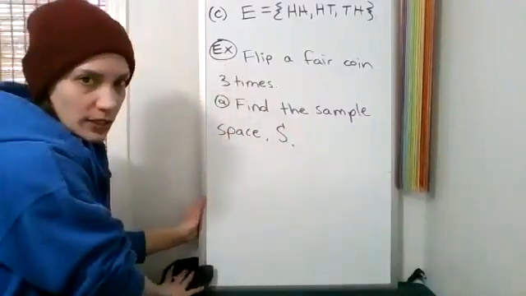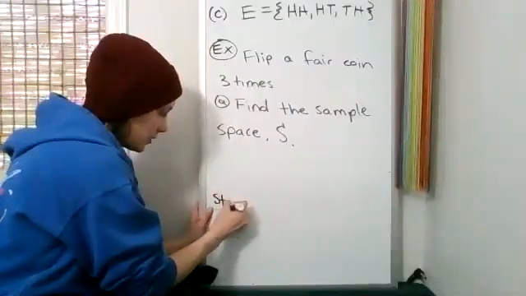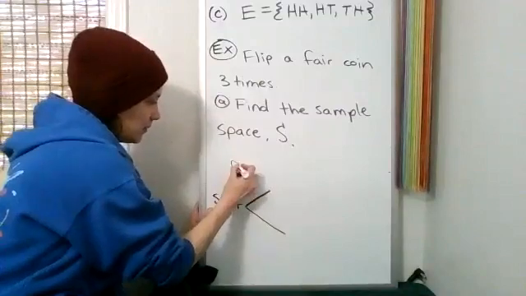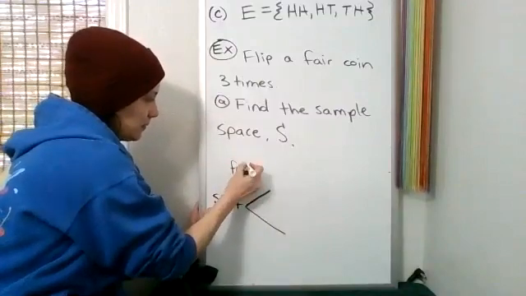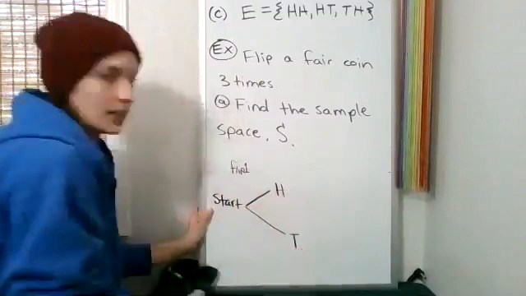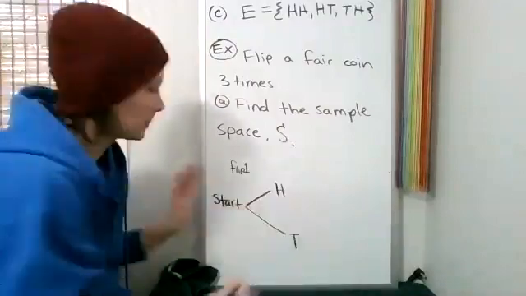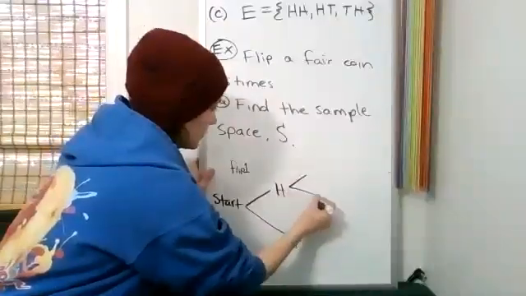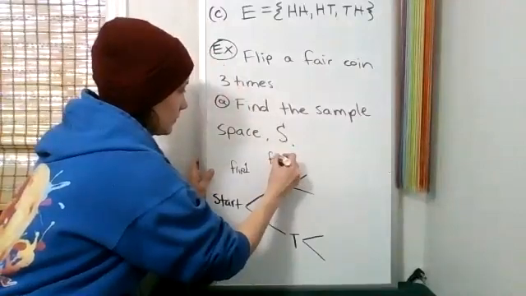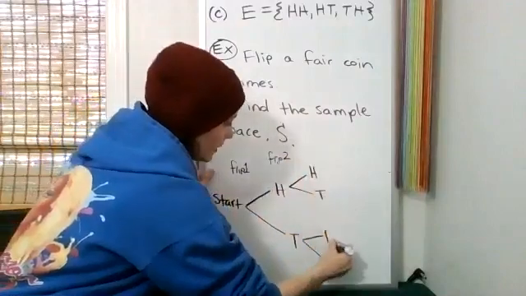We'll draw another tree diagram. We go start, flip 1. It can be heads or tails. Then from each end, you can do flip 2. Could be heads, tails. Here you could have heads or tails.